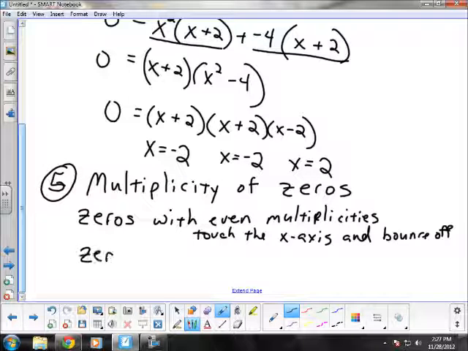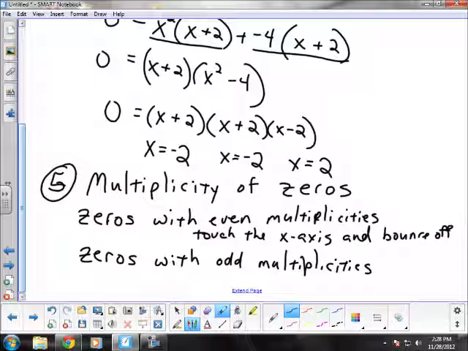Zeros with odd multiplicities cross through the x-axis. Okay? That's kind of an important idea because it gives me an idea of the shape of the graph. So what this says to me is that at x equals negative 2, I'm going to bounce off the graph, but when x is positive 2, I'm actually going to pass through it.